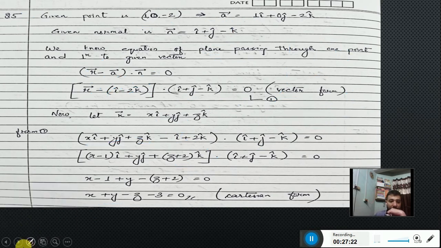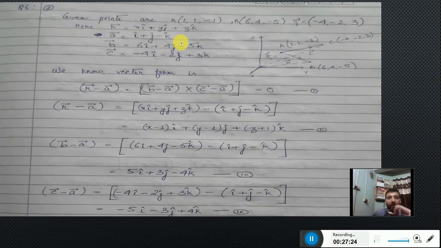Let's go to the next question. Question number 6 says find the equation of a plane passing through 3 points. So now we know the third topic in planes which we did. We have 3 points. This is my first point A, you can see the given points I have written here, and this is my B from here, this is my C from here.